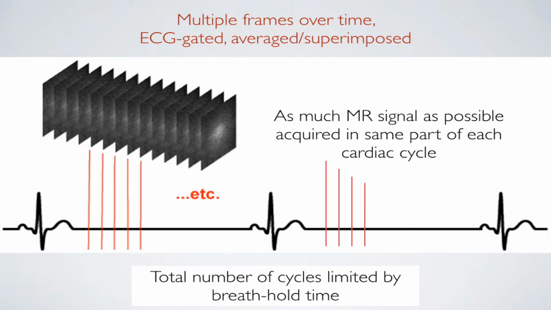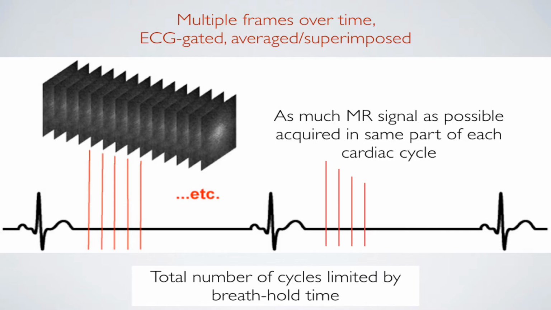Now, imagine we are doing this while the patient is breath holding. The total number of cycles that we can average together is limited by how long you can hold your breath. And of course, remember that when we're doing MRI, we're not doing it on young, healthy patients. We're doing it on people who've already got problems with the heart and may already have difficulties breathing.